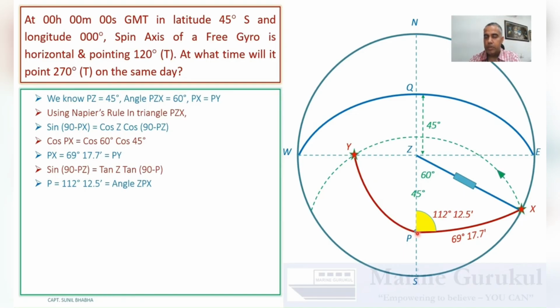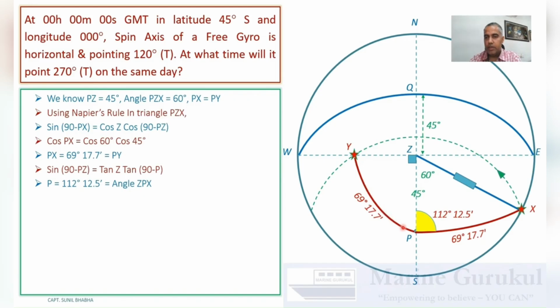Now if you pay attention to triangle PZY, in this particular triangle, angle Z is going to be 90 degrees. Pole is in the southerly direction. The star is in the westerly direction. The angle between them is 90 degrees. So PZY is also a special spherical triangle, a right-angled spherical triangle.